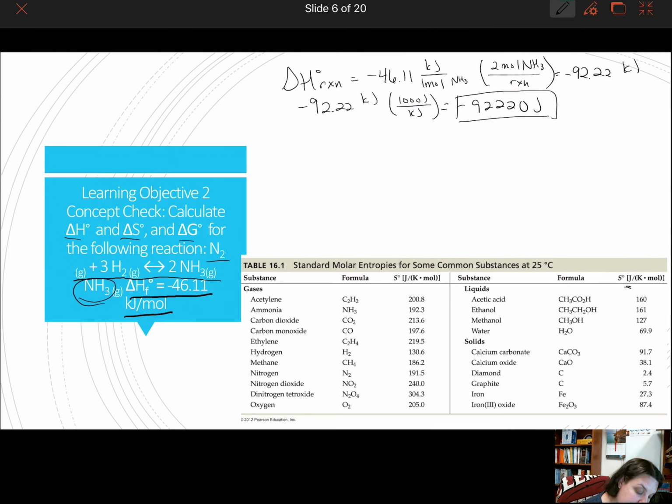Now we want to solve for our delta S of our reaction. Here we're going to do it how we did it before.